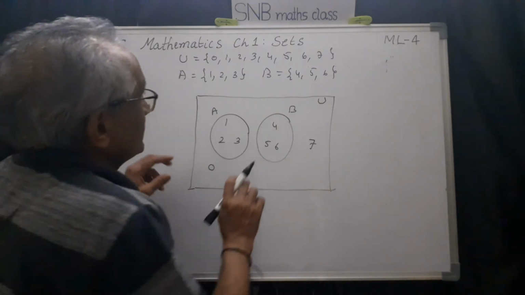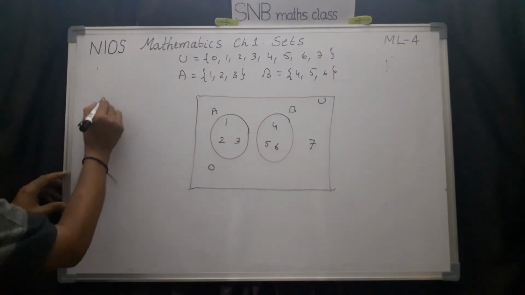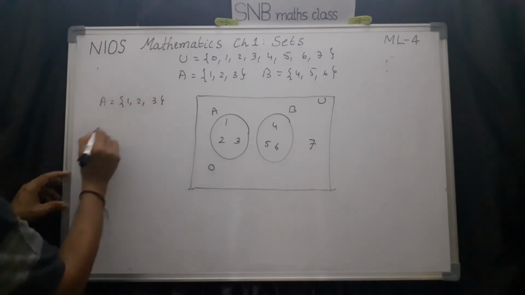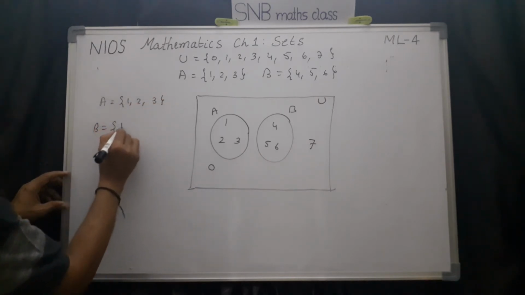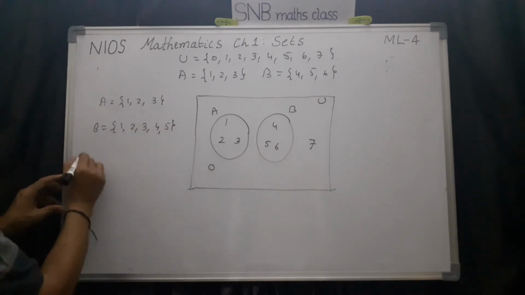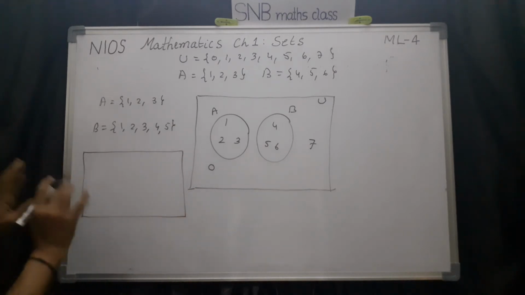Sometimes A is a subset of B. In that case you have to write like this. Suppose A equal to 1, 2, 3 and B equal to 1, 2, 3, 4, 5. The universal set is not given, so no need, but let me just draw the rectangle.